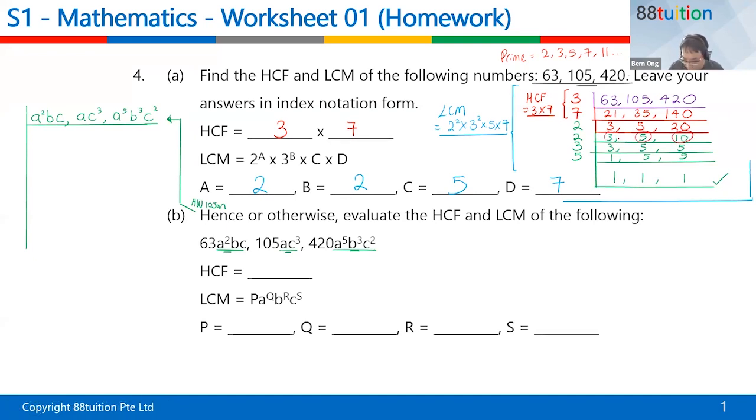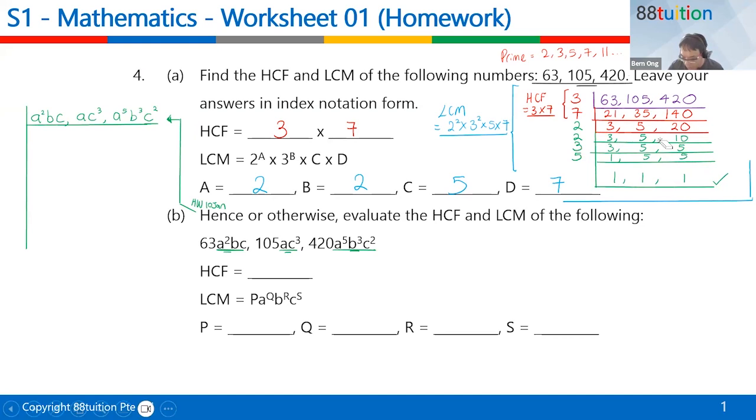The rest cannot divide by 2, so you just copy downwards. After dividing by 2, I can still divide by another 2: 10 divided by 2 gives me 5. Then I divide by 3: 3 divided by 3 gives me 1. And lastly, I divide by 5 to give me 1, 1.